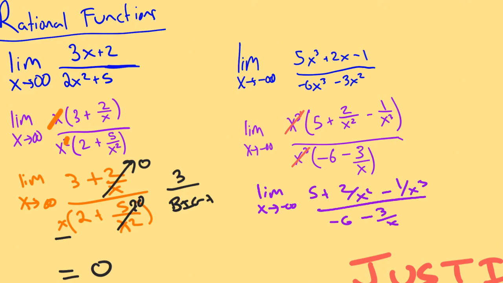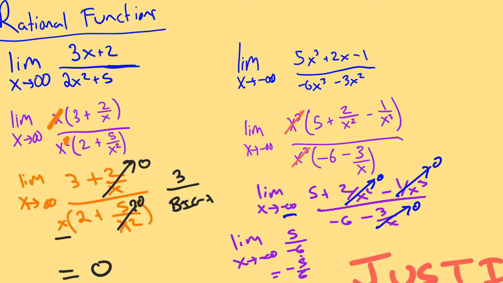And once again, if x is getting really, really big negative, I've got 2 over something big, so that goes to 0, that goes to 0, and that goes to 0. And I'm left with the limit as x approaches negative infinity of 5 over negative 6. And so my answer is negative 5/6.